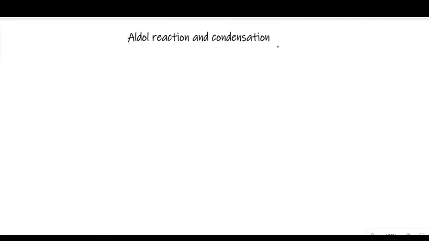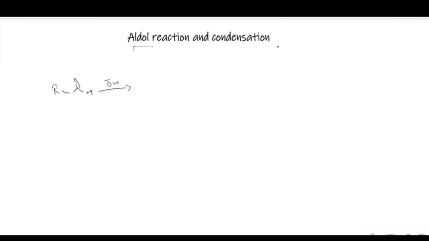The basic requirement for aldol reaction to take place is the presence of an aldehyde that is enolizable, or in other words, this aldehyde must have alpha hydrogens. So let's see an example in which we have an aldehyde that is enolizable, and see how it reacts. Here is an aldehyde and we're going to react it with a base, that is hydroxide ion.